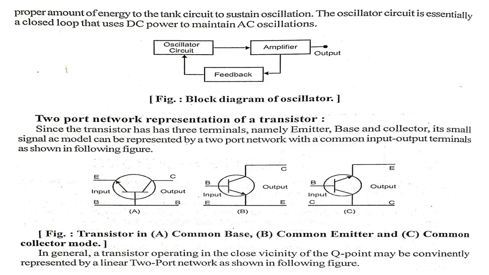Since the transistor has three terminals, namely emitter, base and collector, its small signal AC model can be represented by a two-port network with the common input-output terminals as shown in figures A, B and C. We discuss that the transistor is a three-terminal device: collector, base and emitter.